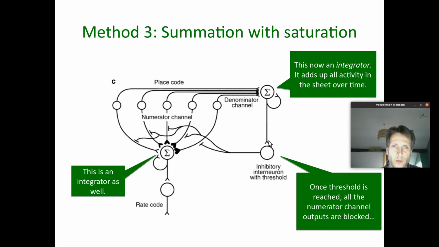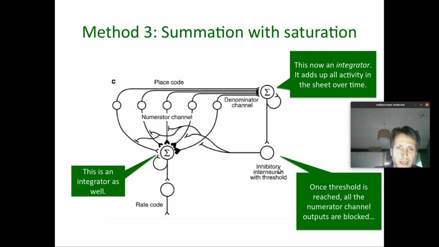And then finally, we take the integrated activity here and feed it into another neuron. The difference between this neuron and that neuron is that this one is sending out an excitation, and this one here is sending out an inhibition. So as there's more activity here, we set off this inhibitory interneuron.